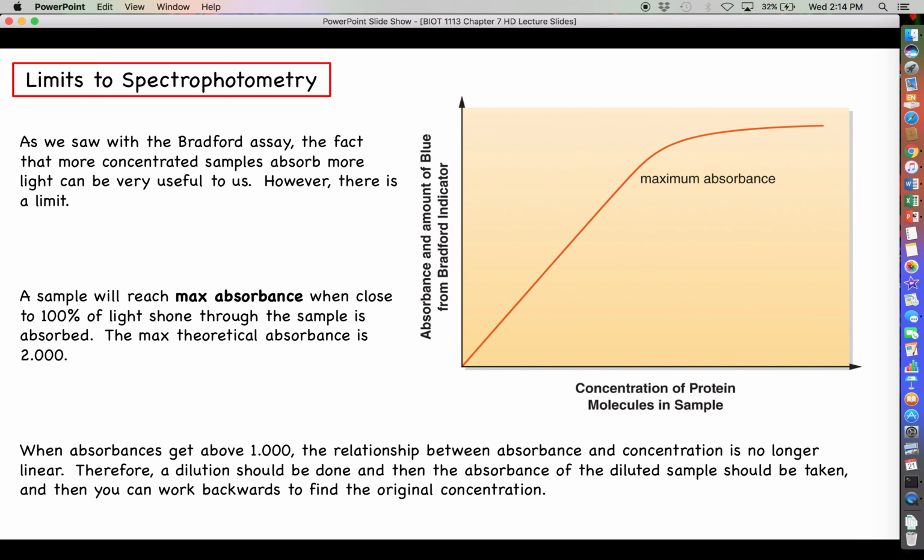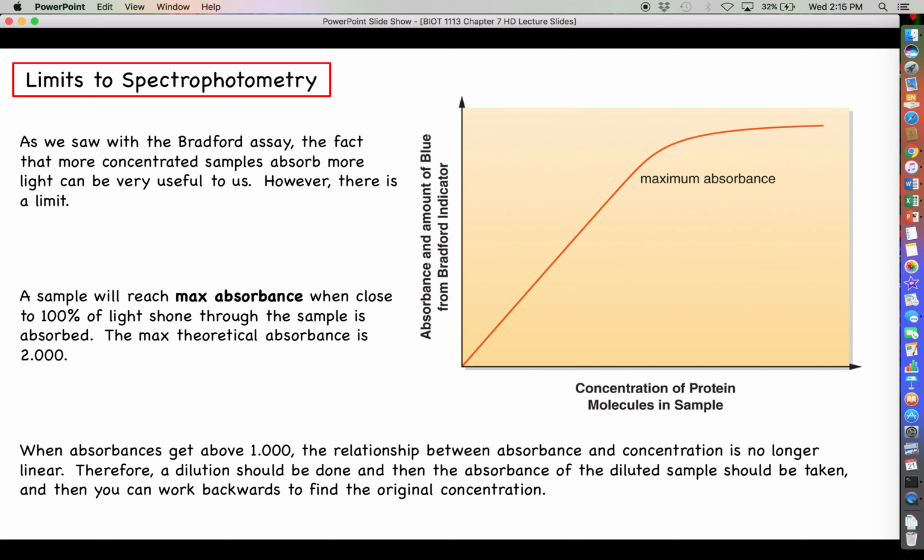If your first attempt gives you an absorbance of like 1.5, well, if you dilute it down tenfold, meaning you add 1 part of your sample to 9 parts water, then your next try should give you a much, much lower absorbance value, something that you can actually work with.